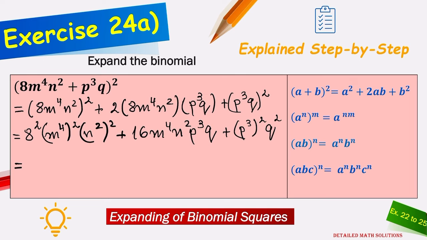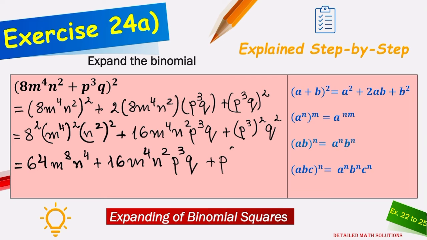Therefore, this equals 64 m^8 n^4 plus 16 m^4 n^2 p^3 q plus p^6 q^2.